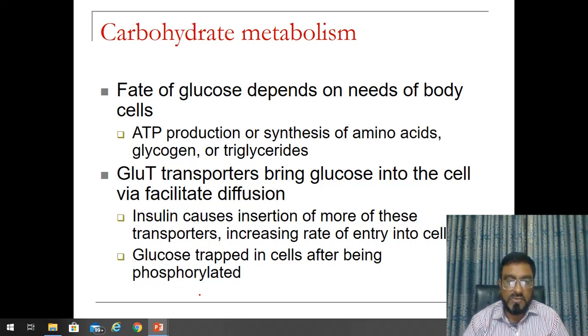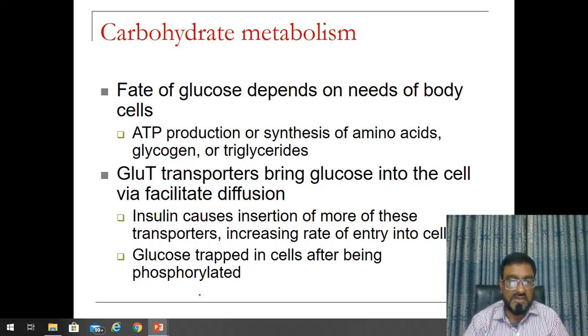How is it transported? There are several transporting systems for glucose available in our body. These are called GLUT, G-L-U-T: GLU for glucose, T for transporter. We have different GLUT systems in our body to transport glucose into the cell. Various methods are available. One of the methods is the facilitated diffusion process.